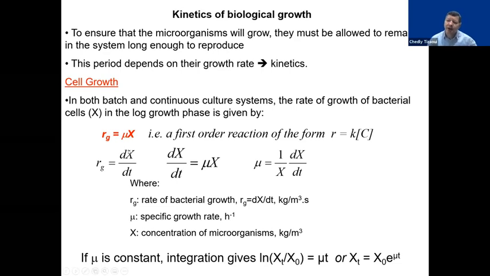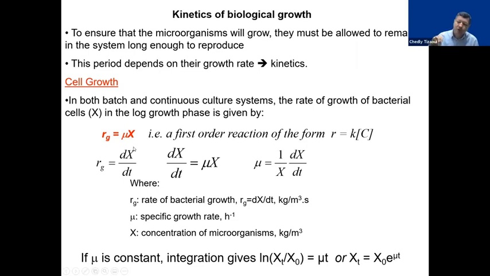That reaction is described by this rate equation, where the rate of growth of bacteria equals a constant mu, although that is not constant, and we'll see in more detail what mu represents. In first order reaction kinetics, the rate equals k times the concentration of the substance of interest. So here we have a similar equation where the rate of growth of bacteria equals the specific growth rate mu times the concentration of bacteria X, okay?